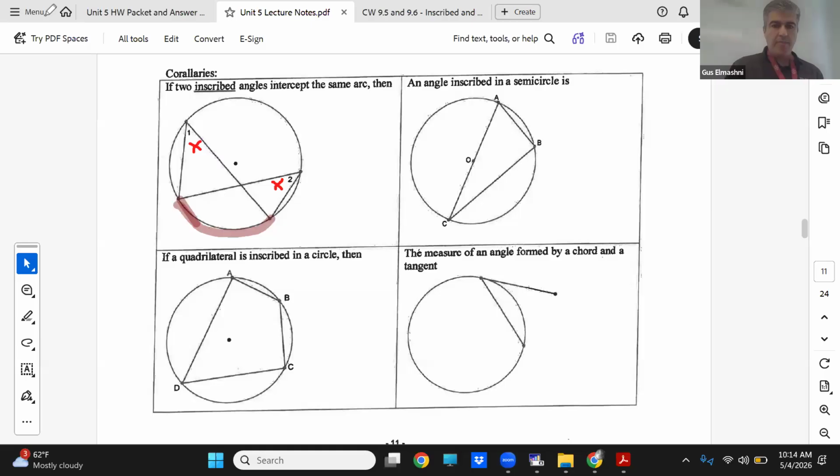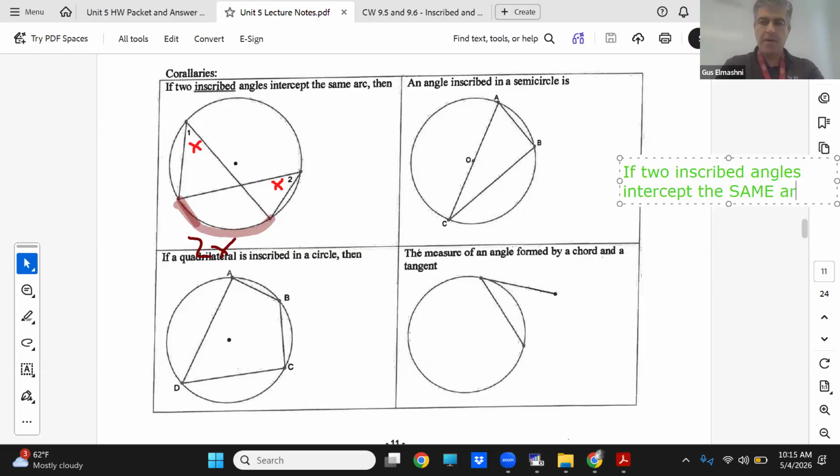So here's a statement we can make about that. I'm going to make a little text box. If two inscribed angles intercept the same arc, then those two angles are congruent.